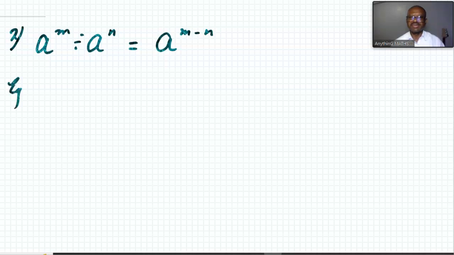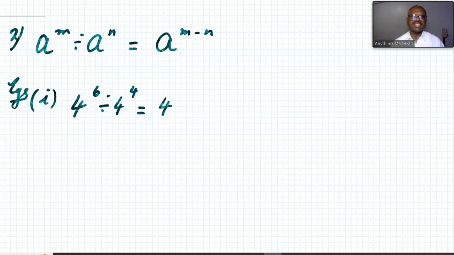Examples. 4 raised to the power 6 divided by 4 raised to the power 4. The base we're dealing with is 4, so we put the base down.